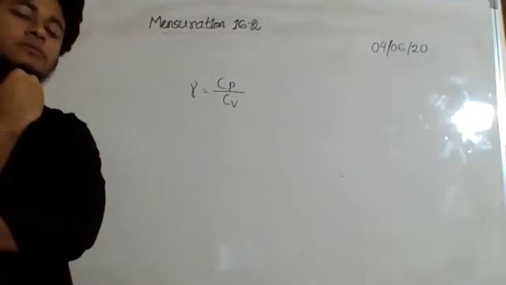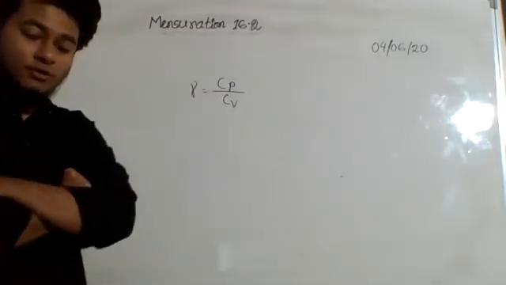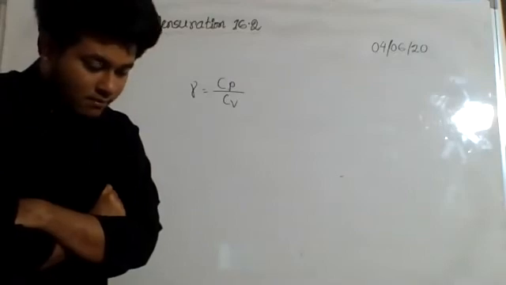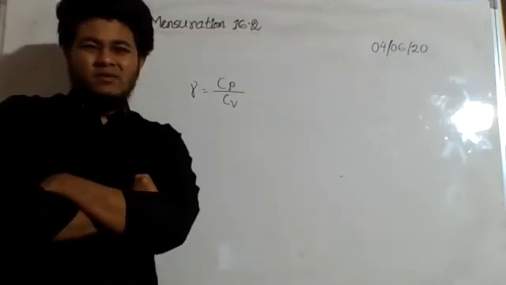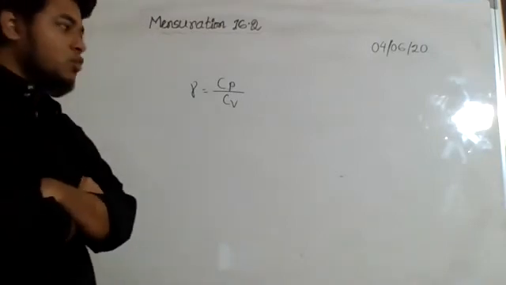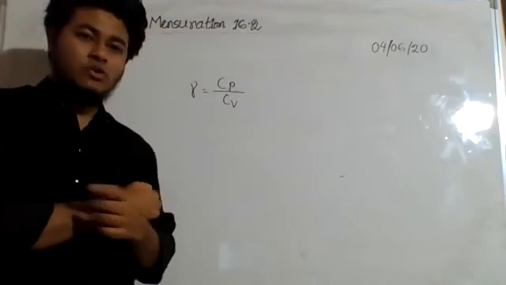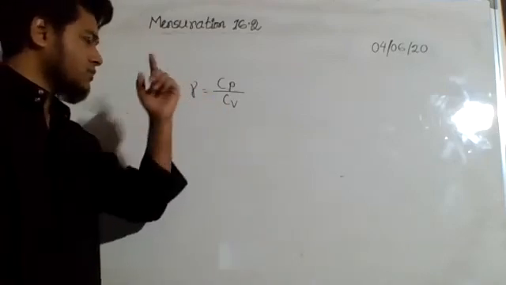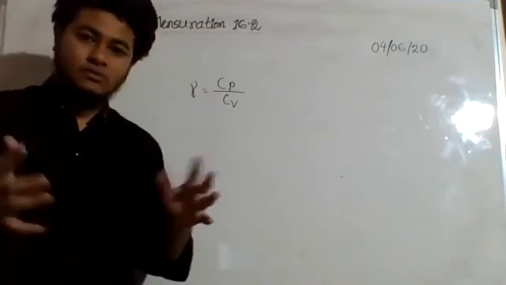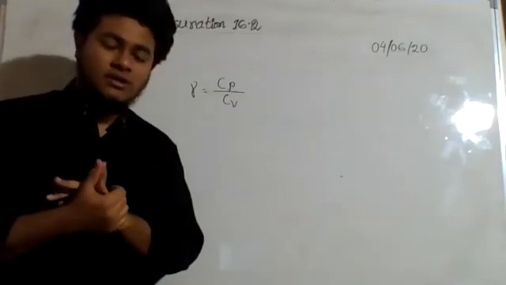No, sir, not equal. Definitely Cp is greater, right? No, I want to know something about the value of this gamma, not the relationship between Cp and Cv. I know the relationship between Cp and Cv. Can you say something about the value of gamma?